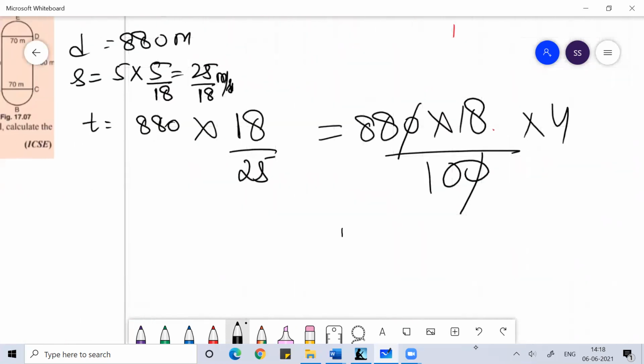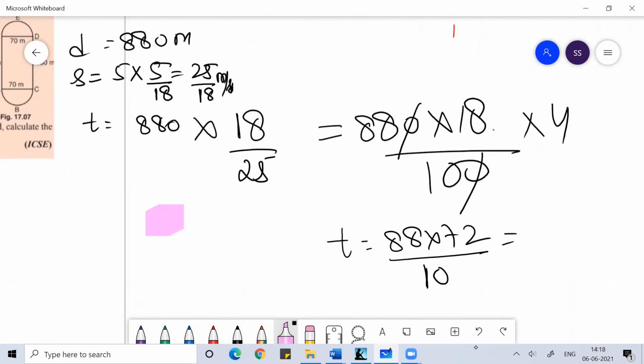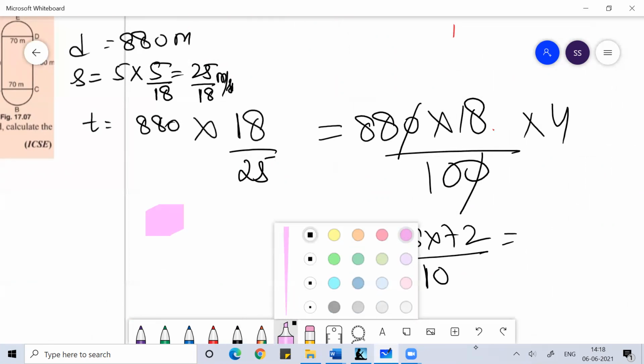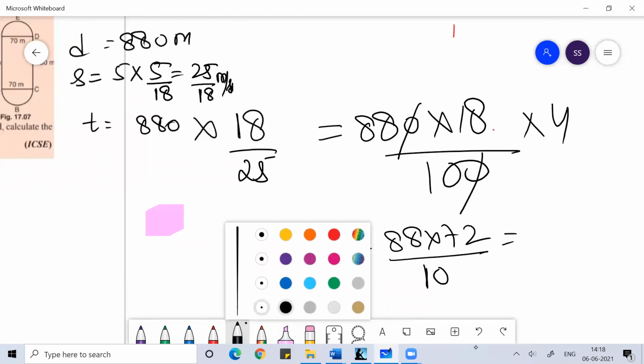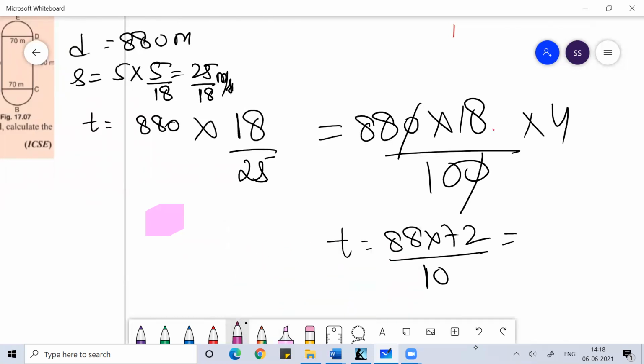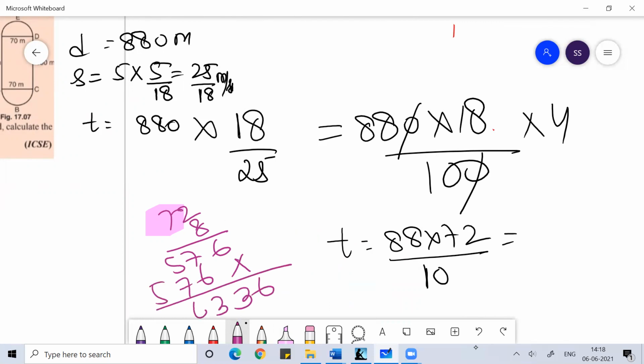So that would be your time. Better note this stuff. Finding 72 into 8 is easy, so I can do that very well. 72 into 8 is 576. This is 675, this is 6, 13, 13, 6.